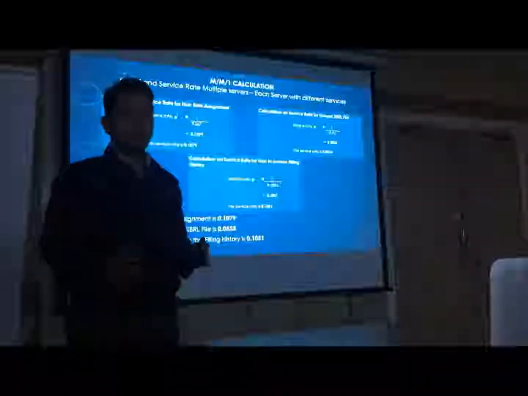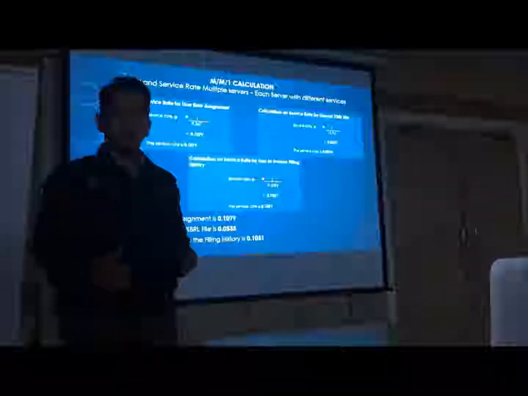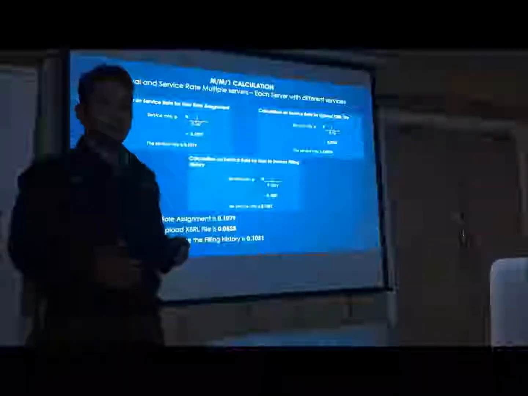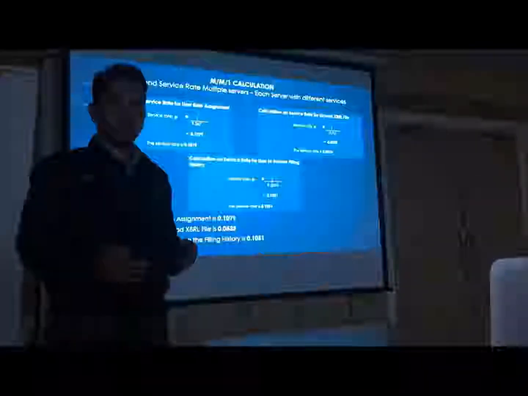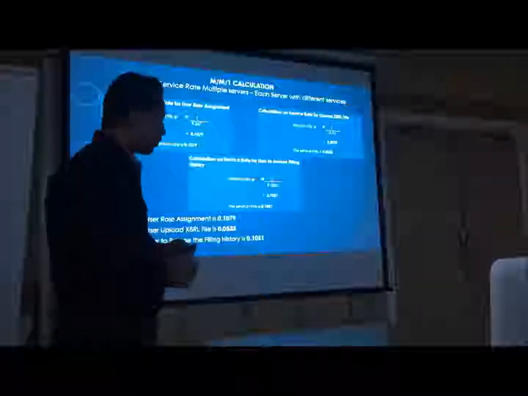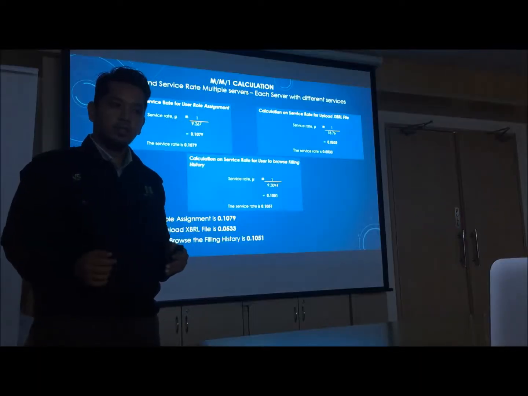Okay, next we will calculate the arrival and service rate for the multiple server, and each server has different services. Referring to our case, we have 3 different services which we take as our services. First service is the user role assignment.